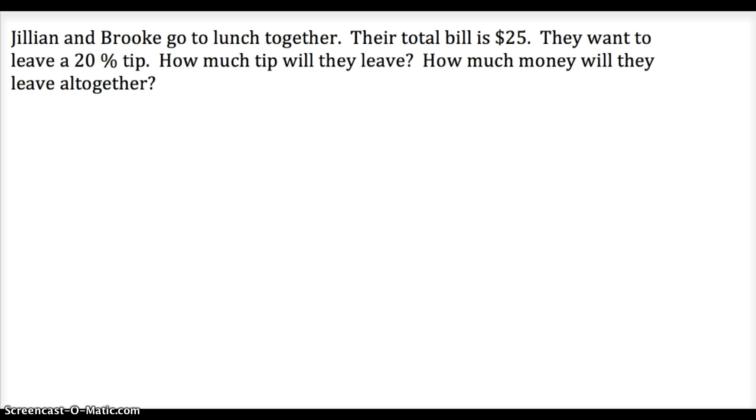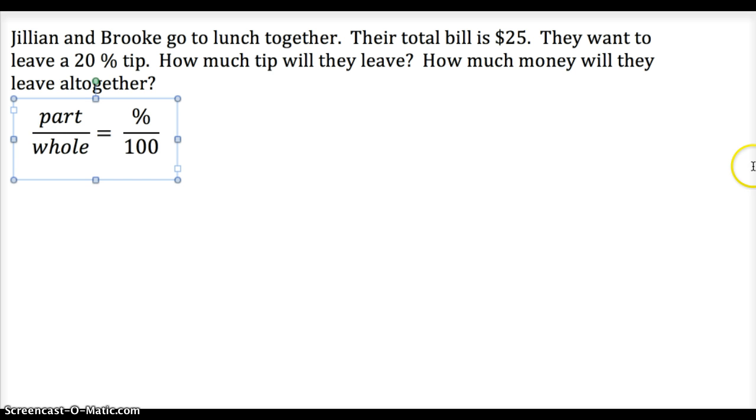So, the first thing you need to do when you're approaching a problem like this is to take the formula that Miss Meckery was talking about in the previous lesson: a part over a whole equals the percentage that you're trying to calculate over 100. Now we need to look at what we have.